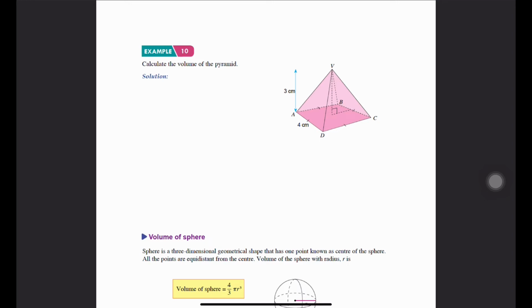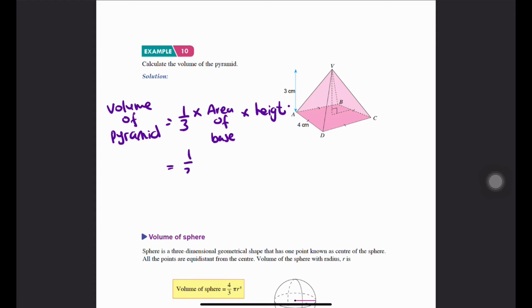So we know that the volume of a pyramid is equal to 1/3 times the area of the base times the height. The area of our base, because the base is square, is 4, and the height of this pyramid is given already, with the value of 3.